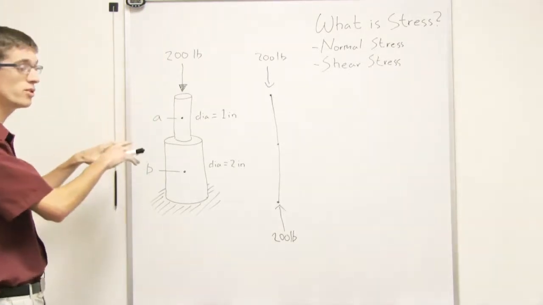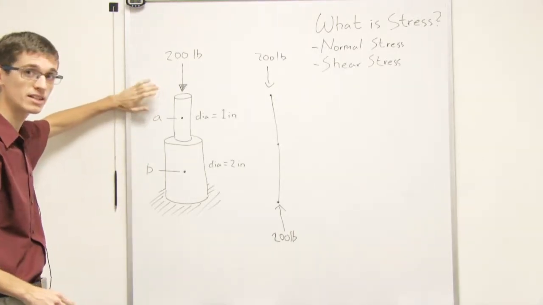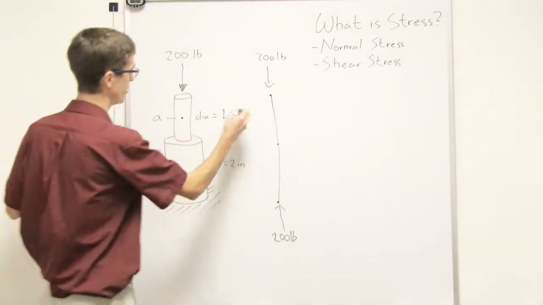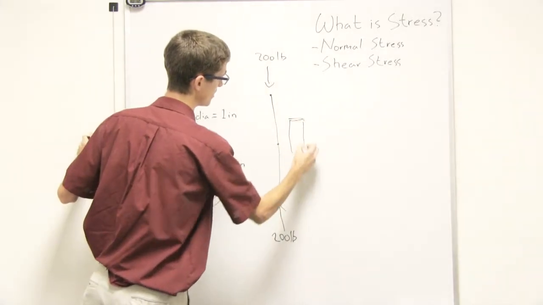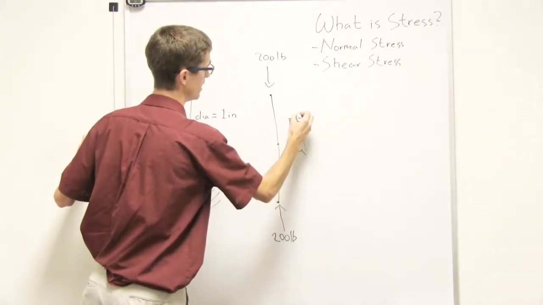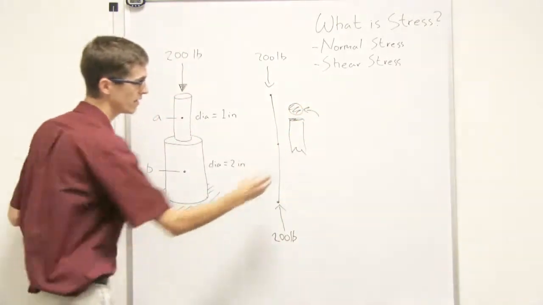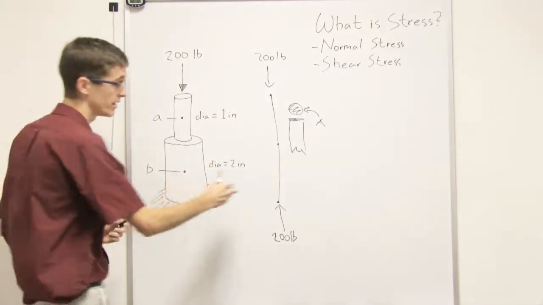So you'd imagine this 200 pounds distributed over the cross-sectional area. Because this has a smaller cross-sectional area, if you were to cut it at point A, the area of that cross section is going to be a lot smaller than the area down here.